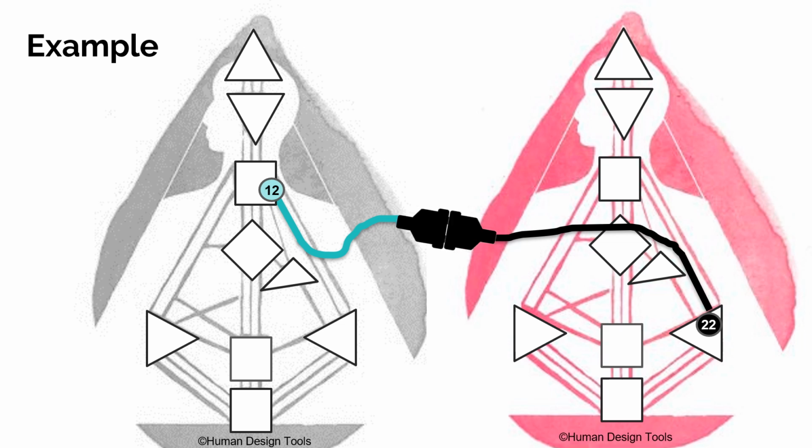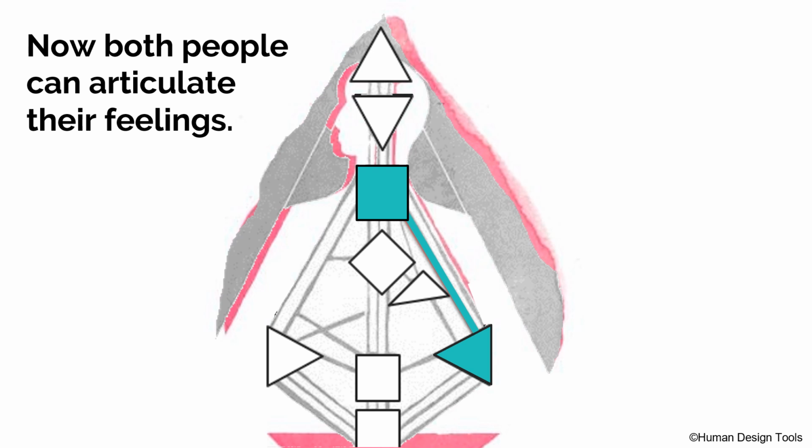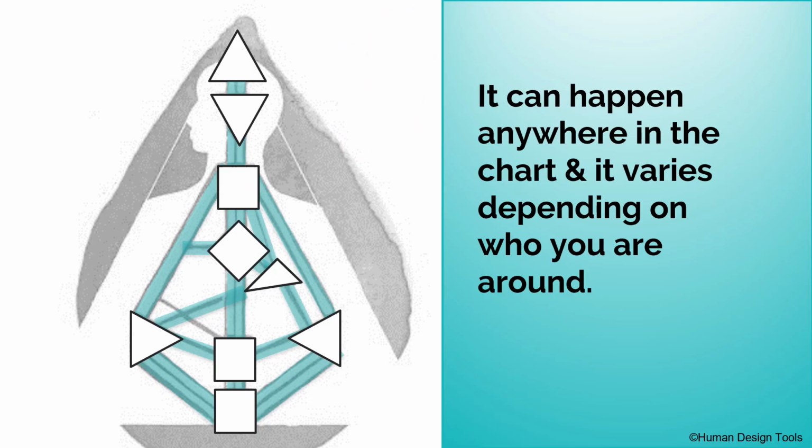And they plug together, and they kind of light up the centers on either end of them for both people. If you overlaid their charts, it would be almost like they have a full defined channel, and now their throat and their emotional solar plexus are defined. Essentially when they are together, this is how the energy feels for them. So both people can articulate their feelings.